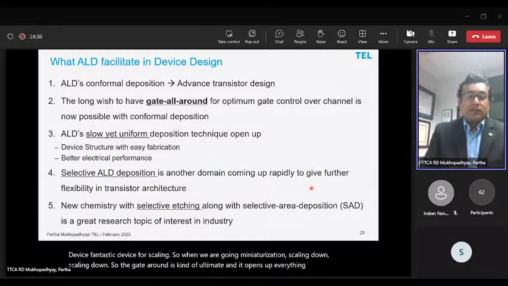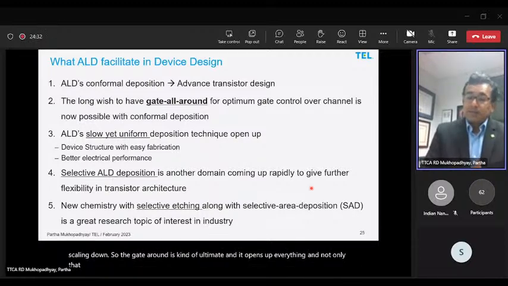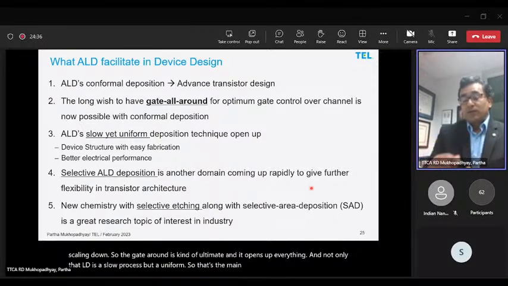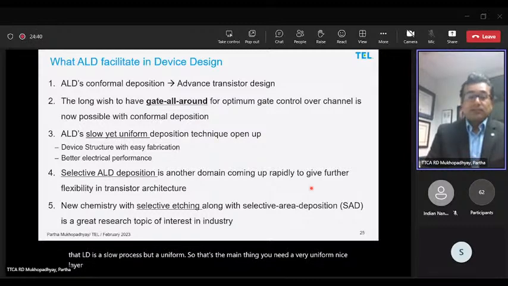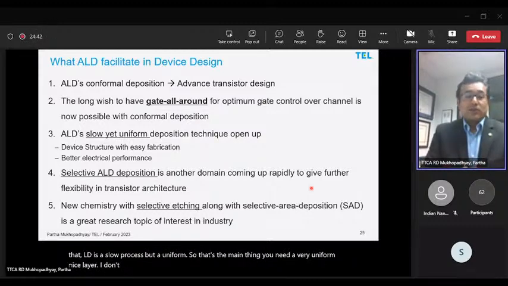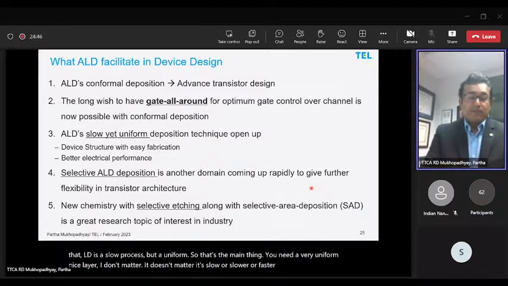Not only that, ALD is a slow process, but it is uniform. That's the main thing. You need a very uniform, nice layer. It doesn't matter if it's slow or faster, but it's uniform.